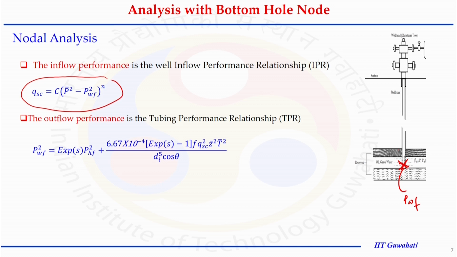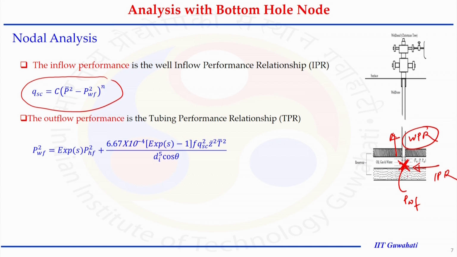What is the outflow performance for this node? Our node is the bottom hole, and the outflow performance relationship is WPR. The information going out is in the form of WPR, the information coming to this point is in the form of IPR, and as per the nodal analysis, the intersection of these two tells us the operating conditions at this bottom node.